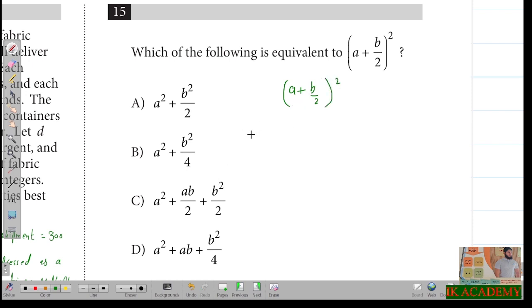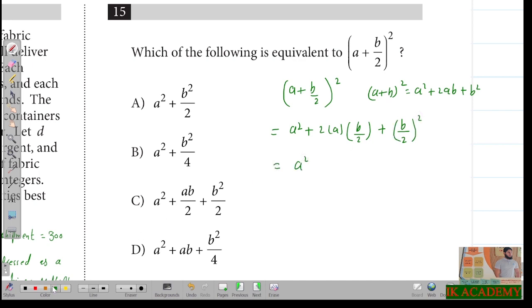We have to open the square using the formula. (A plus B) whole square is equal to A square plus 2AB plus B square. The same formula we will apply here. A square plus 2 into A and B over 2, plus B over 2 whole square.